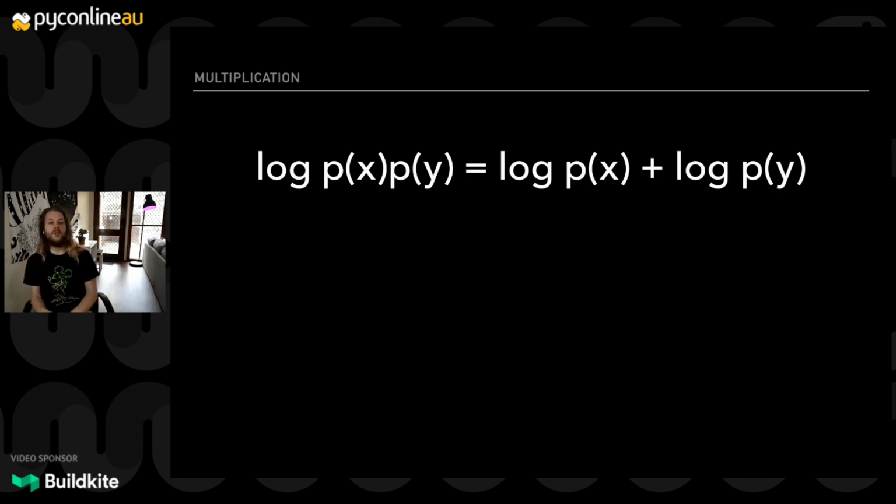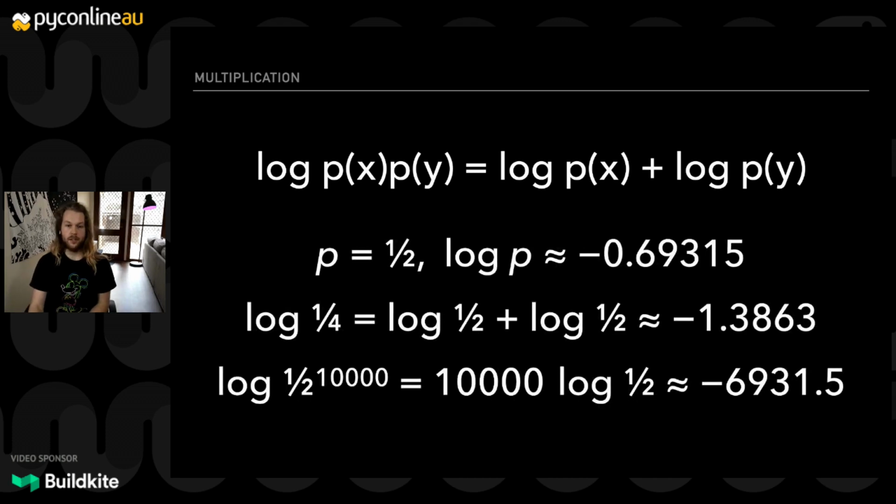Now, if you want to multiply two probabilities, that's the same as just adding your two log probabilities. So in our example, we were multiplying probabilities.